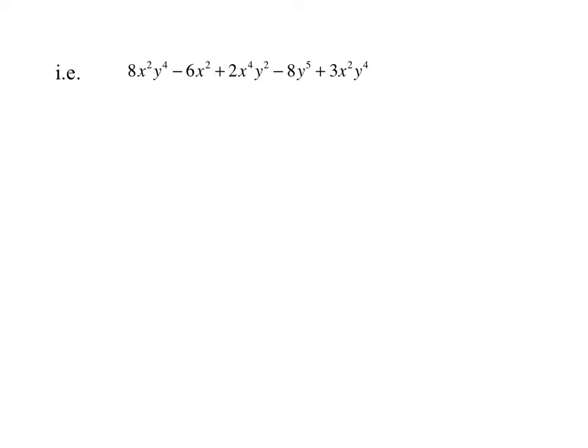You're looking at the variables and powers, and then trying to match up if there are any that are identical. In this case, this one here is the same as that term right there because of the x squared y to the fourth matching exactly, variables and powers.